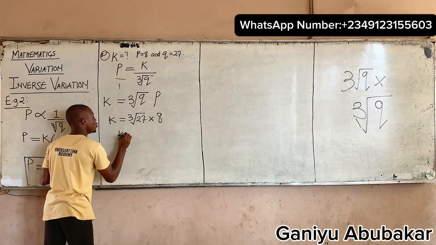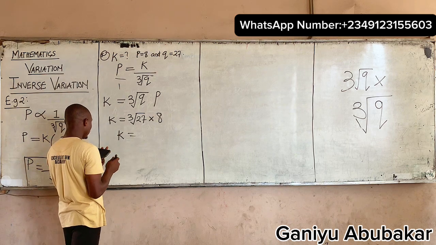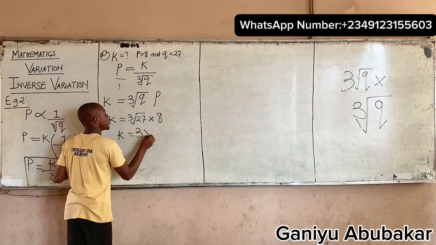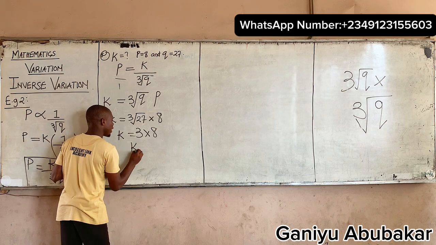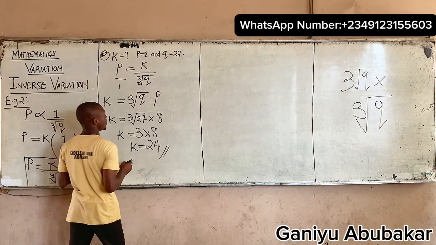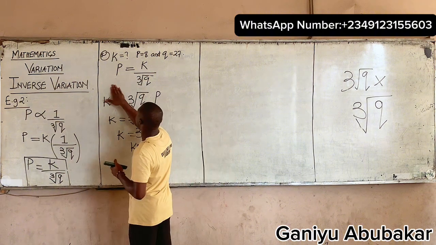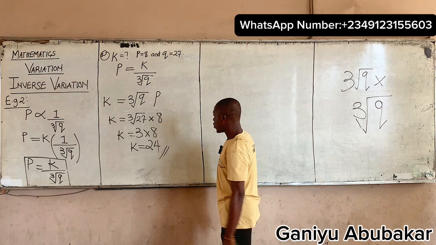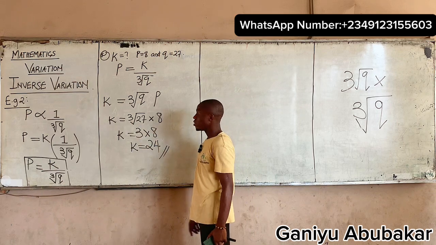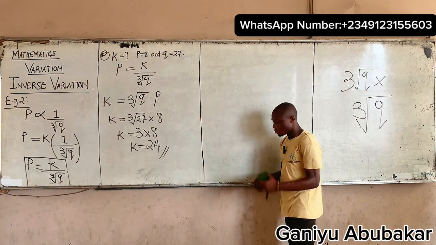So K will be equal to the third root of 27, which is 3, times 8. So my constant K is 24. K is 24, as you can see. The third root of 27 gives you 3, times 8, so my K is 24.